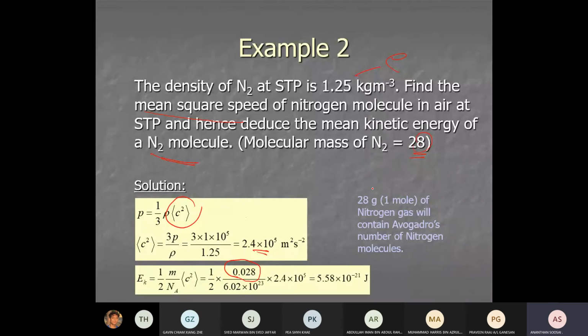That means 28 gram is for 1 mole. So what is the mass of one particle? So 28 gram changed to kilogram, divided by the Avogadro constant. So m/NA gives you the mass of one particle. Then you can use half mc squared to get the answer, 5.58 times 10⁻²¹. Okay. Any part you don't understand?